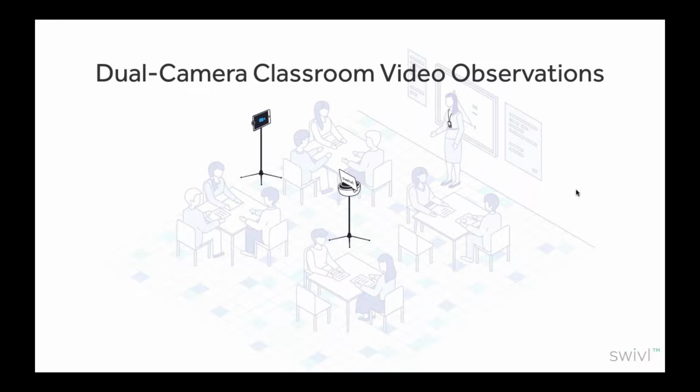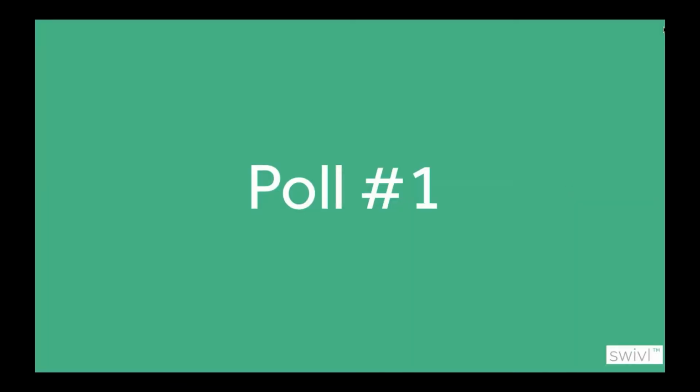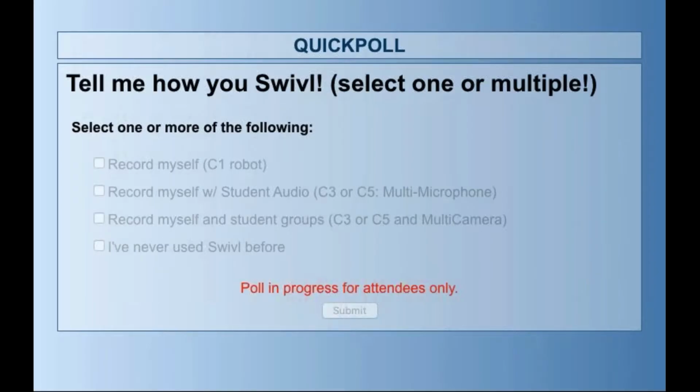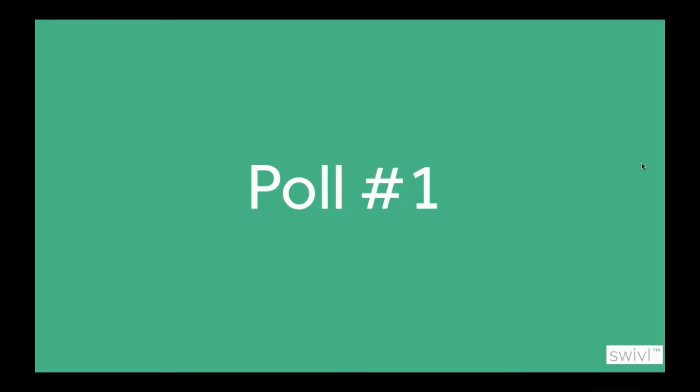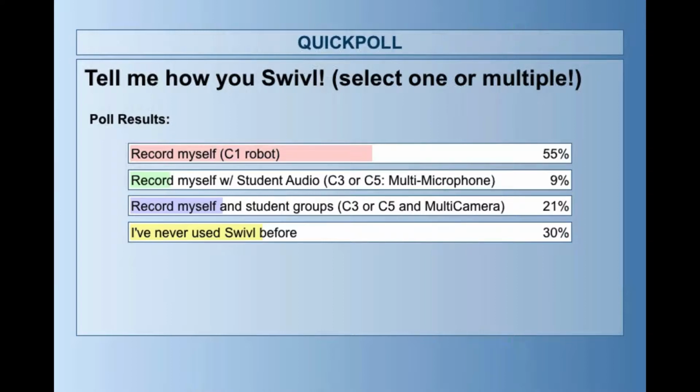I want to start off tonight just gauging where we are with Swivl. So I want you all to participate in a poll with me for a moment here and just take about 15 seconds to let me know how you're using Swivl. Okay, great. So let's see how everyone is using Swivl. Majority of you are just using our C1 robot, so you're just recording yourself.